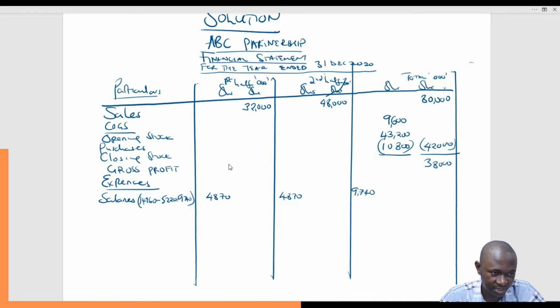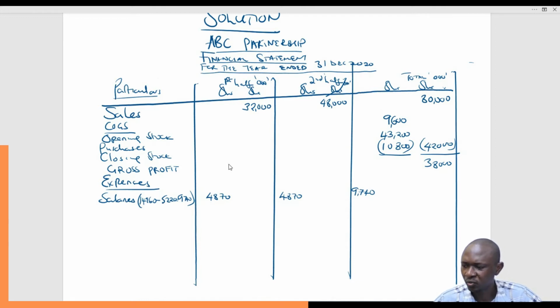You see, we have the sales here. So it's the cost of goods sold that we chose to work out aggregately, the totals. And we got cost of goods sold as 42,000. So for us to get the gross profit for each half, it's very important we divide this 42,000 into the two groups according to the ratio that we were given.